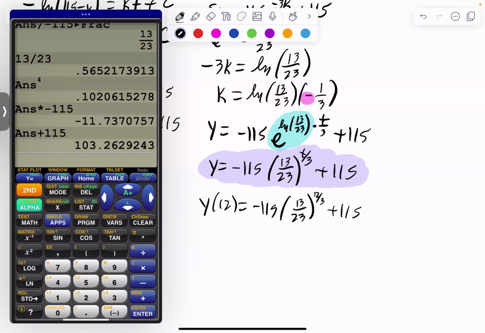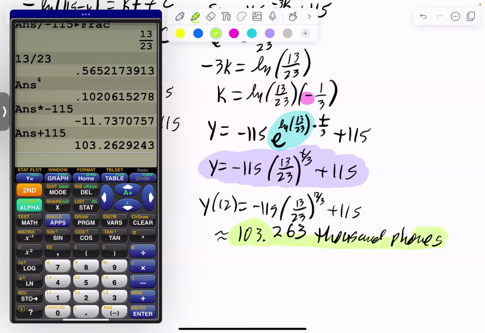So it looks like we're going to make about 103,263 thousand phones. And that ultimately is what the question is asking for. I mean, they want the equation as well. Ultimately, that's the blank that they give us there that they're looking for.